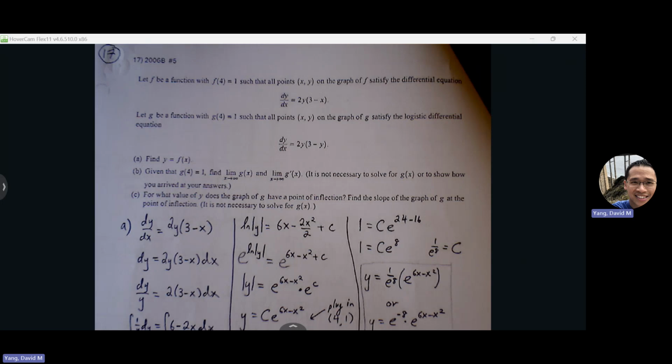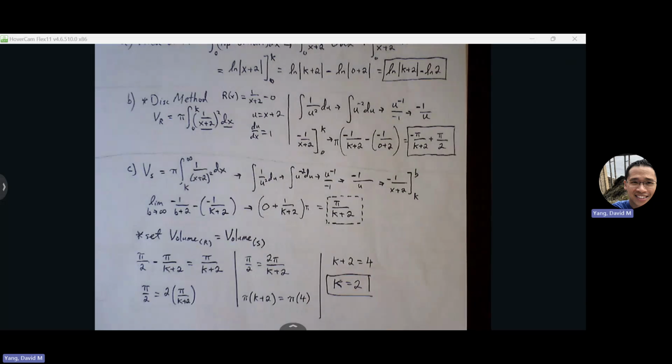On page 17, you're starting off part A with solving a differential equation. I set parts B and C equal to each other, and I solve for K that way.